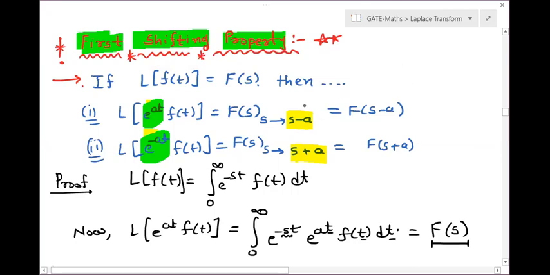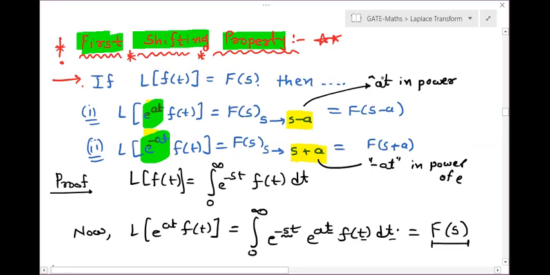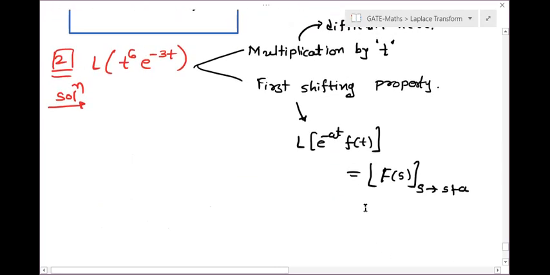S minus a when there is plus at in power, and s plus a when it is minus at in power of e. Okay, where were we now? E to the power minus at f of t, its Laplace is F of s, and we have to change this with s plus a.